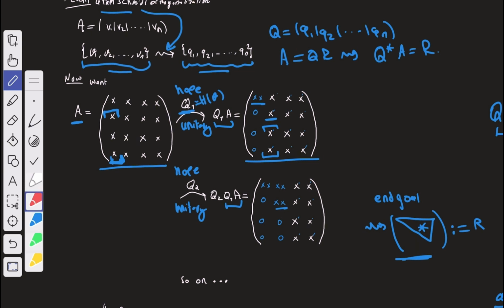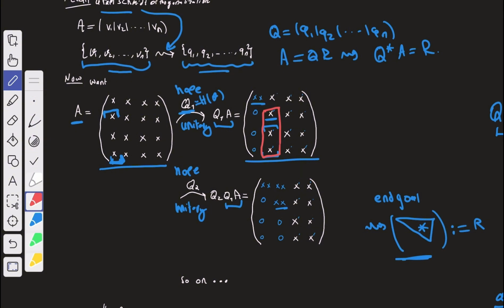Over here in the second column, we don't want to zero out the entries from the second entry on. What we want to do is keep this entry, and zero out the entries below that. So we want to zero out these entries. One way of doing that is, instead of applying the new H of v to the whole vector, we're going to apply it just to this vector.